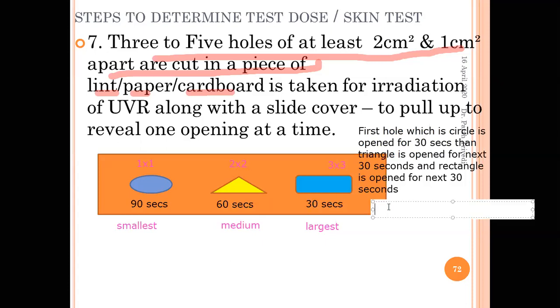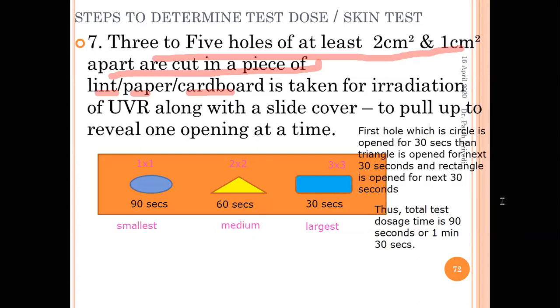Thus total test dosage time is 90 seconds or 1 minute 30 seconds. Okay, so this is what our practical approach towards test dosage site is.